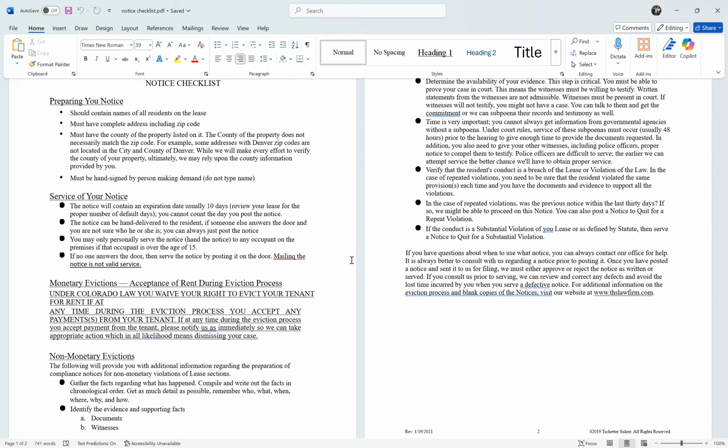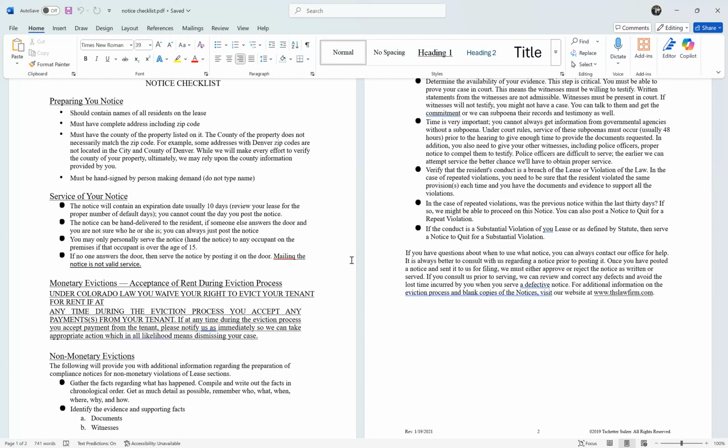Now, if we are going to accept any type of payment, partial payment especially, I want cashier's checks, ideally, because I don't trust them paying on the portal with partial payments, because if it doesn't go through, that's going to cost us more time because it takes time to process those payments online.